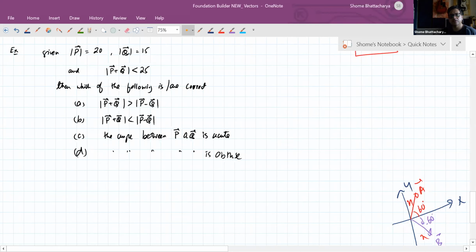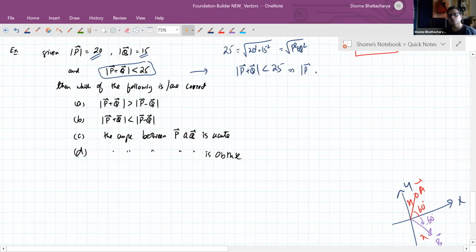Magnitude of P is 20, magnitude of Q is 15, and it is given to us that, okay, now notice that 25 is square root of 20 square plus 15 square, or square root of P square plus Q square. So the moment we are saying that magnitude of P plus Q is less than 25, what we mean to say is that in terms of individual magnitudes, it's less than root of P square plus Q square.